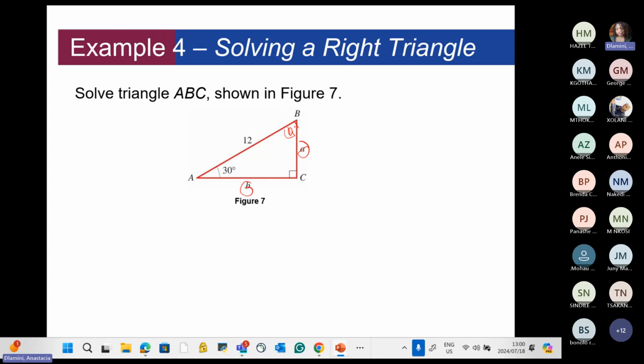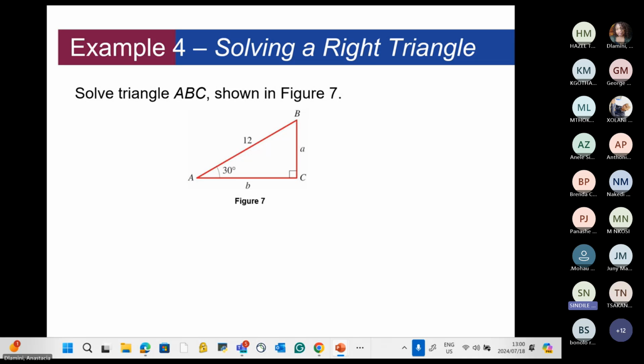So meaning that from here, how can we find A? We can first find A, on which we already know the angle and one side of it. So we know the angle and one side, then we do what?